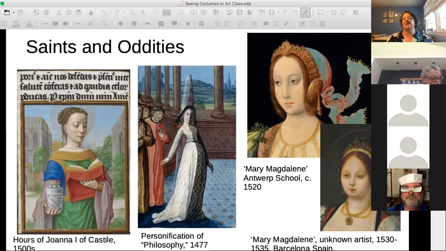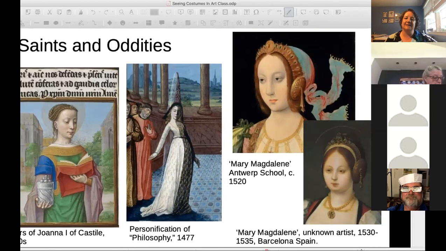Similarly, my personification of philosophy: somehow I doubt people were walking around split half white, half black in face paint. In garments, maybe, probably not in the face paint. And then my Mary Magdalenes are one of the hat depictions I often find of Mary Magdalene or other female saints, with these weird ear coverings.